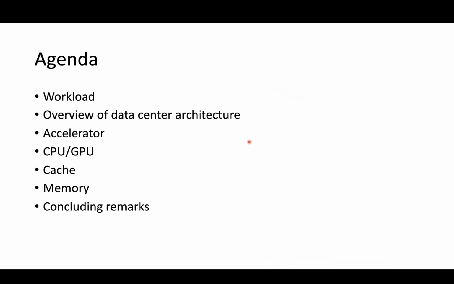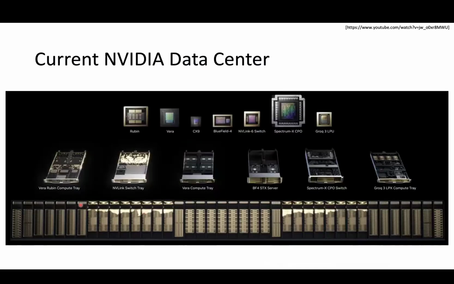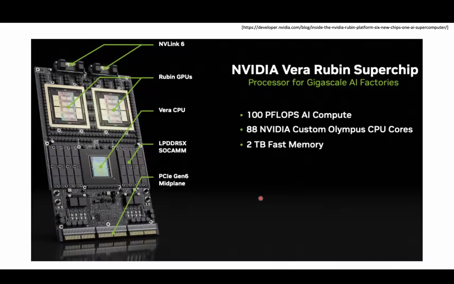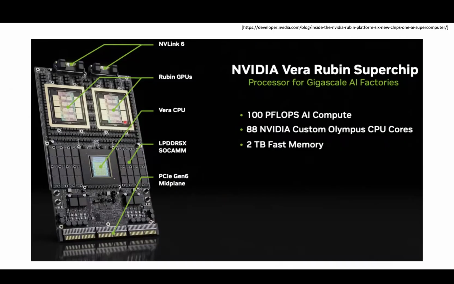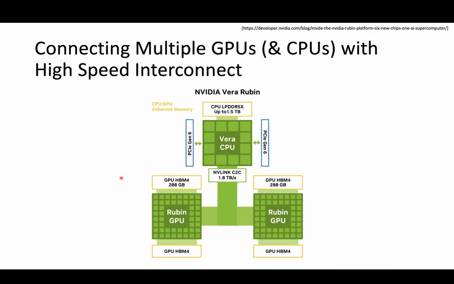And we studied the data center architecture, mostly focusing on NVIDIA solutions. The recent NVIDIA solution consists of different types of racks. In the case of the CPU-GPU rack, the basic unit is this tray. This board can be represented in a simple figure like this.